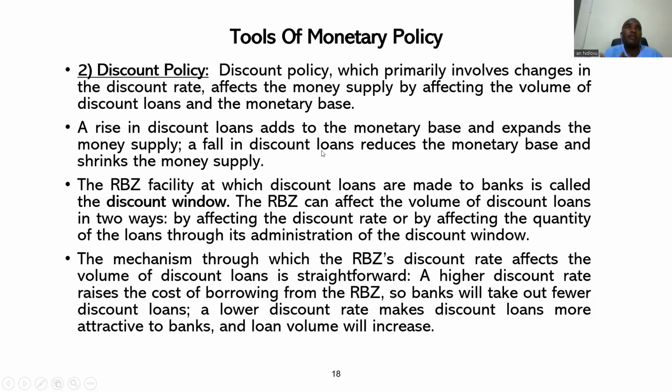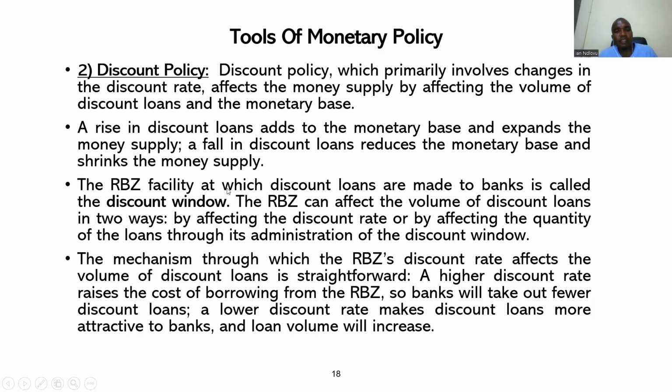Given that this interest rate, called the discount rate, is like a price, and the quantity of loans, or the level of loans in dollars, either RTGS dollars or United States dollars, is like your quantity. So when the price of that commodity, which is loans, increases, which is the discount rate, the quantity demanded by commercial banks reduces, and vice versa.